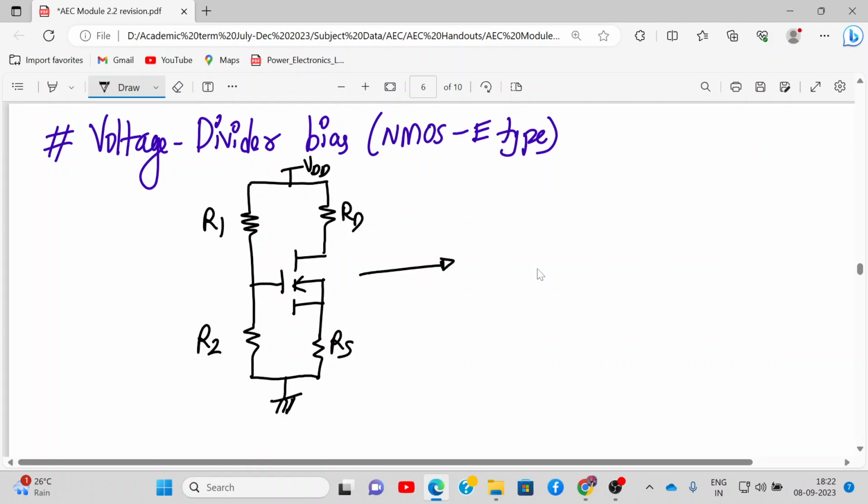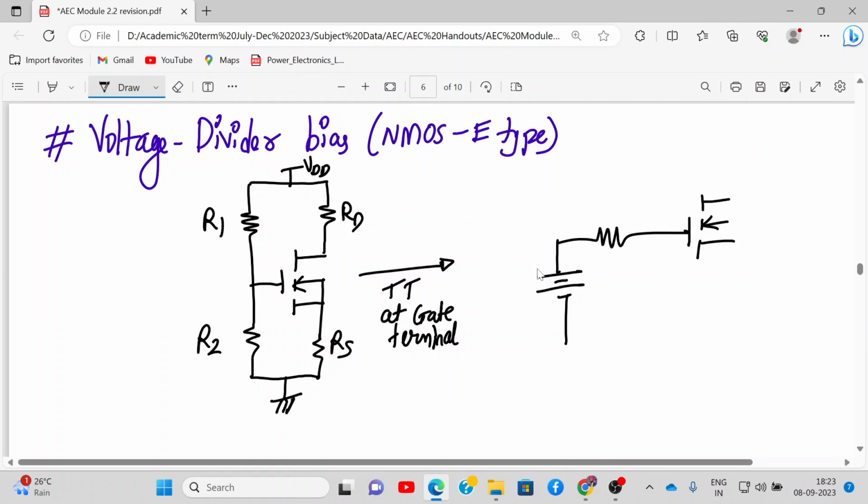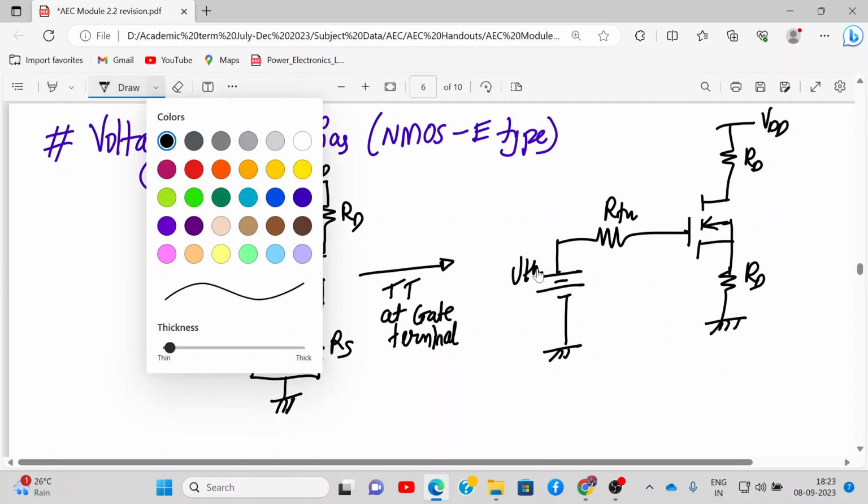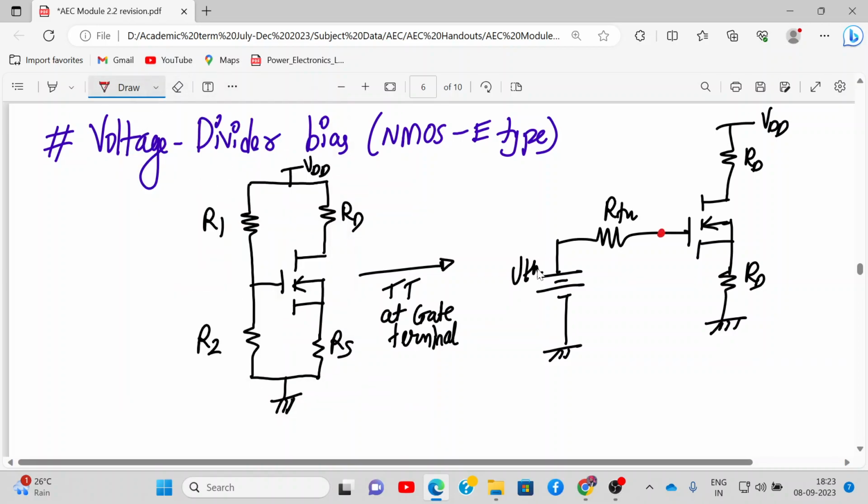So here we apply Thevenin's theorem at the gate terminal. So what do we get? VTH, RTH, this is RD, this is VDD, and all the analysis is exactly similar.